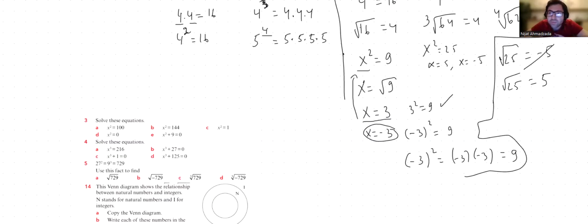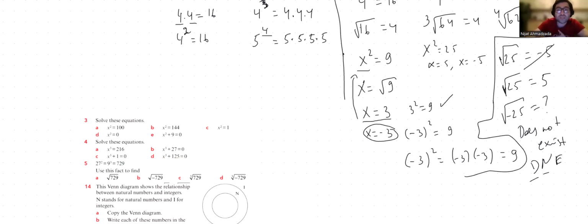Nothing weird about it. But let me mention something else. What is the square root of negative 25? Okay? This is a very important question. The answer is it does not exist. We can write it as DNE, does not exist. Why can we say it?